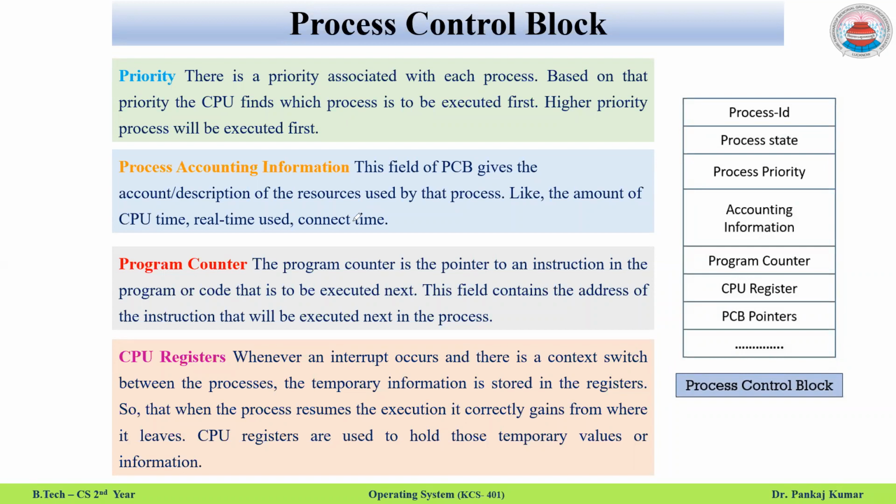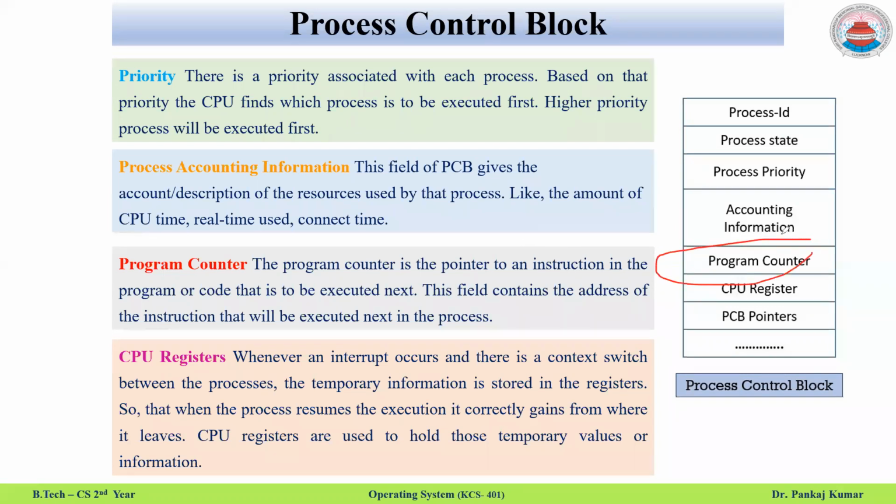The information of all events is stored, and that's why it is called accounting. How much time does it take to execute? What is the time it waits? What is the time it arrives into the CPU? How much time will it take to pick the resource? And how much time does it spend with the resources, and so on. So all types of necessary information.